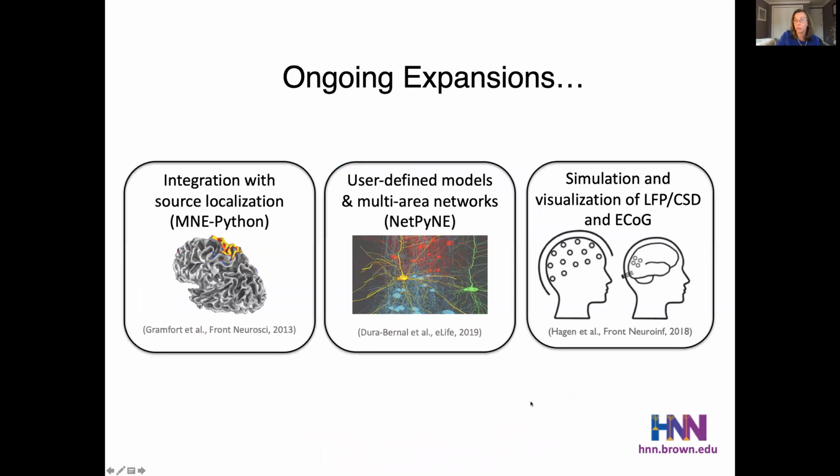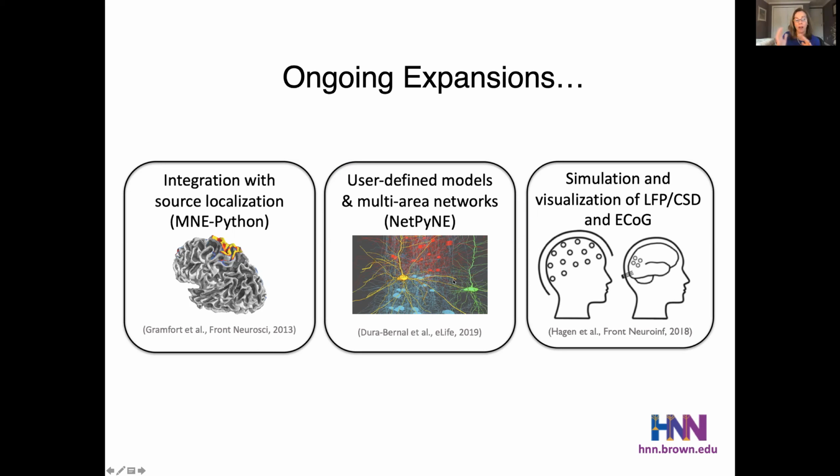Some of the ongoing directions: we're currently integrating this neural modeling software with the source localization software, specifically MNE Python, that's being spearheaded by my collaborators, Matti Hamalainen and Alex Gramfort. And so the idea is that you'll have one software package where you can both localize where the signal came from and interpret the circuit mechanisms of the signal.